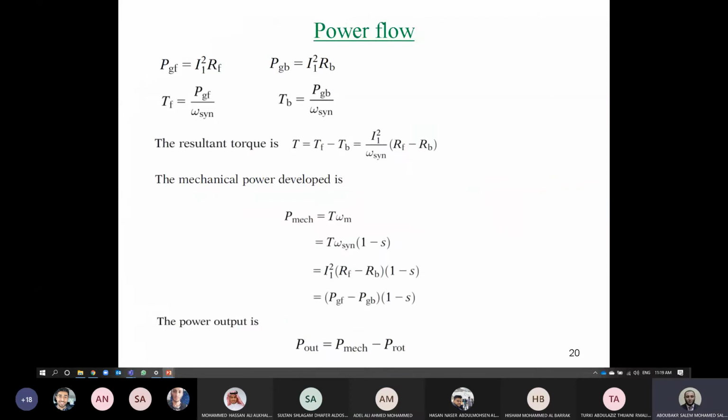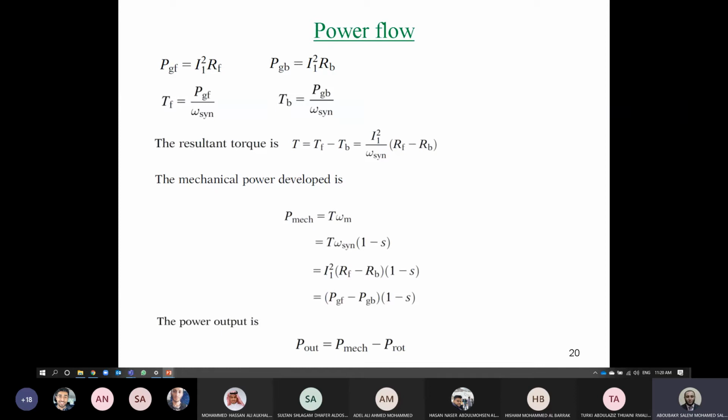Regarding the power flow, you know that previously for the three-phase induction motor, we said that the gap power equals the power which is transferred from the stator side to the rotor side, which will lose some copper loss on the rotor side. Then the remainder of power will be the mechanical power, which will be converted to the output power after losing some friction loss.